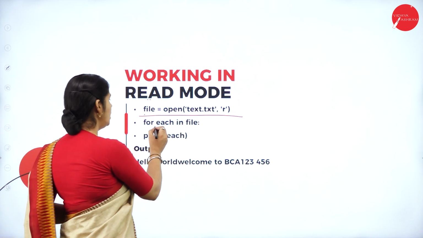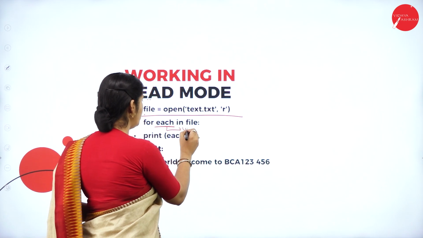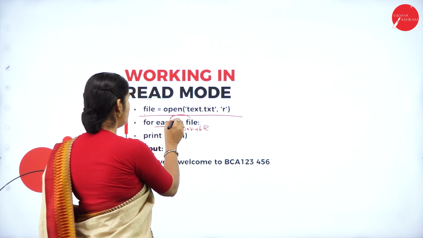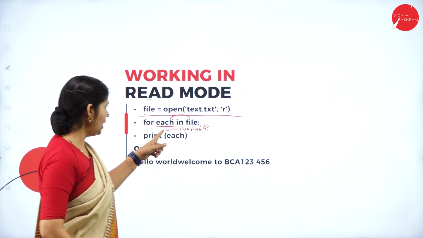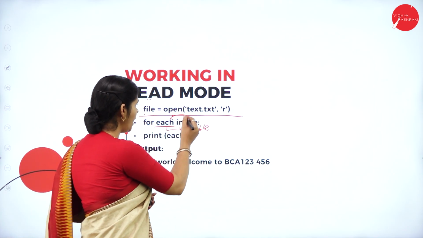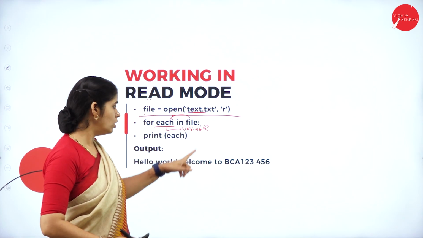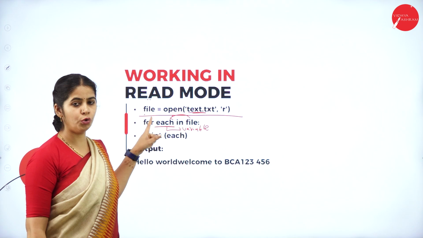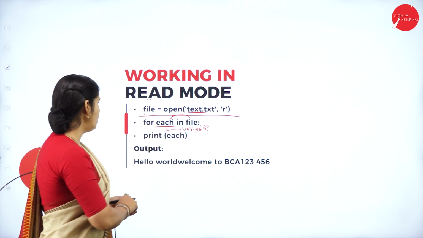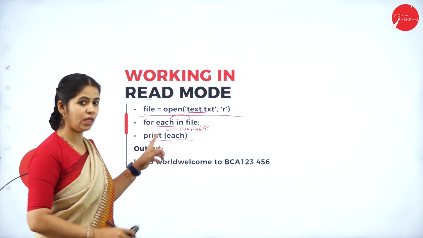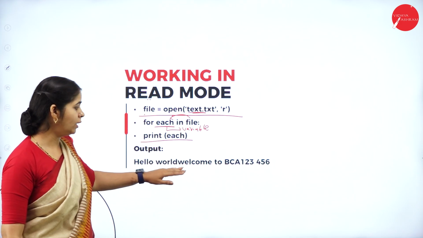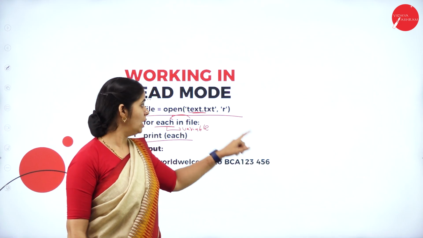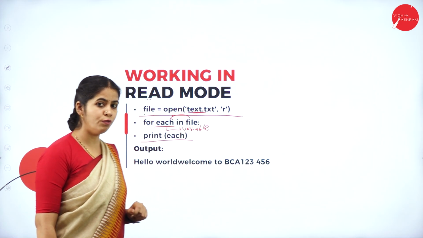For each: each is a variable that will store the content of the file. For each in file, this is my file, right? So all the content of the file will be transferred to the variable each, and when we say print each, it will print all the text data present in the text.txt file.